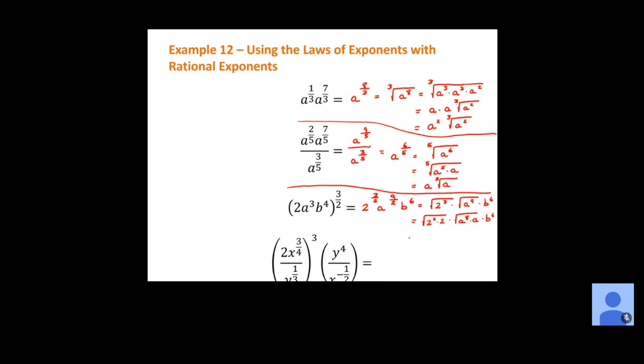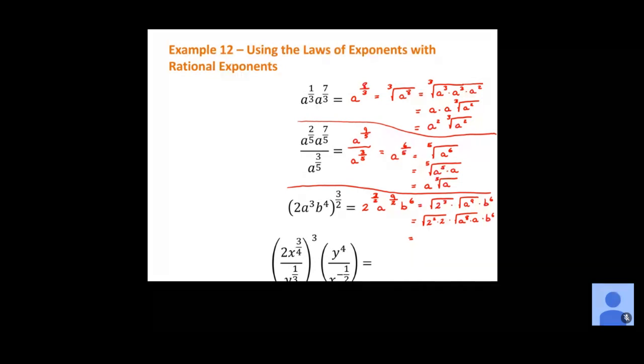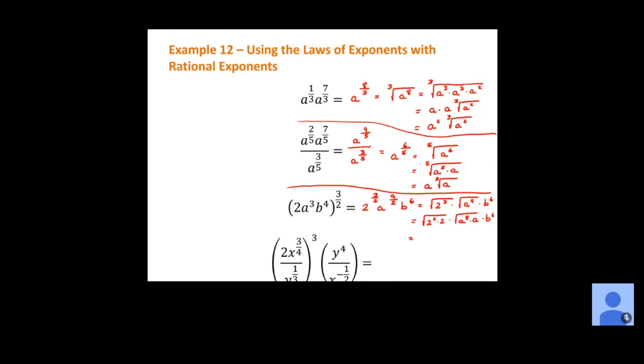Right, so if we simplify all this now, square root of 2 squared is going to give us what? 2. Good. Bring down the 2. Then we're going to have the square root of a to the 8th, which would give us what? A to the 4th.